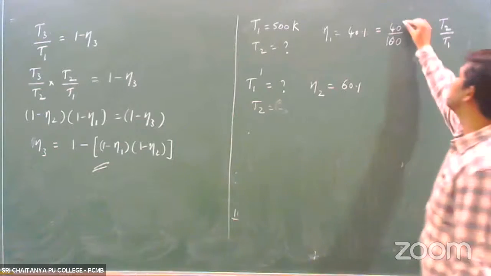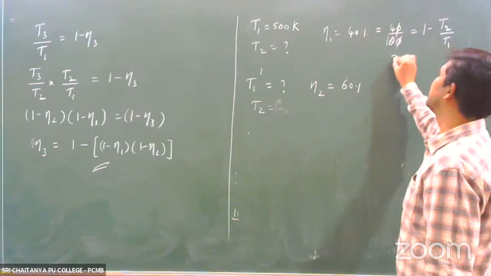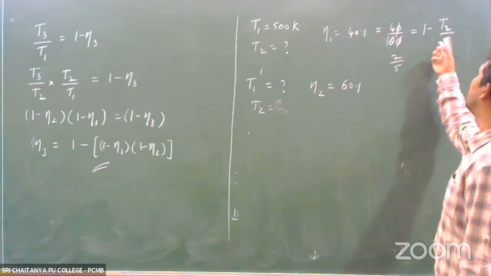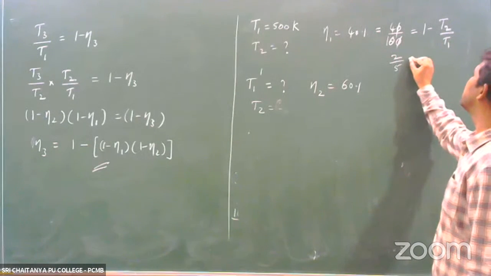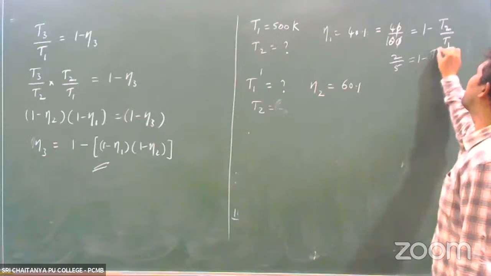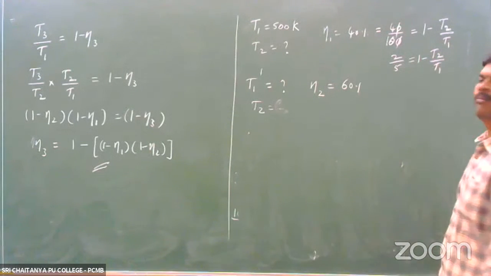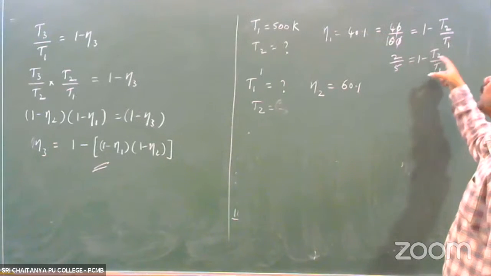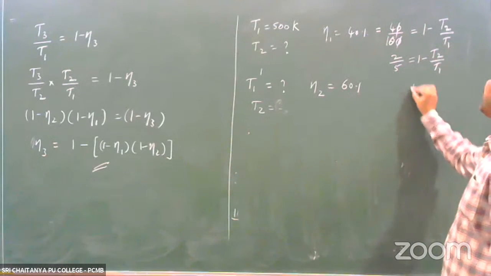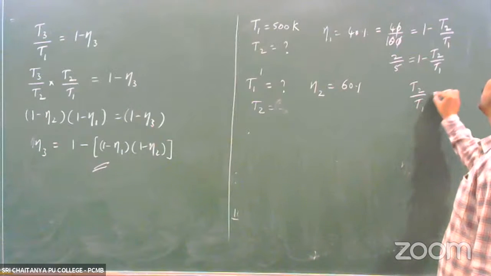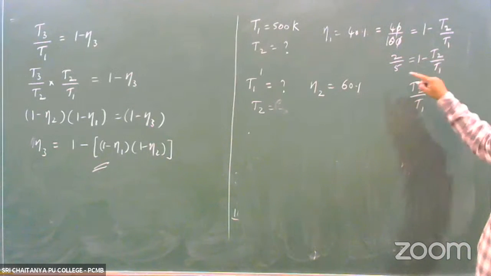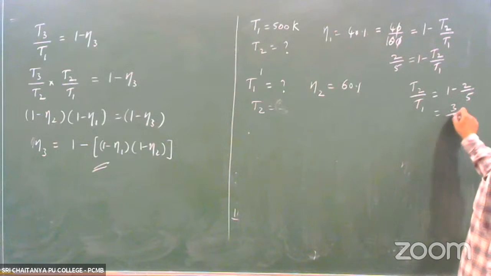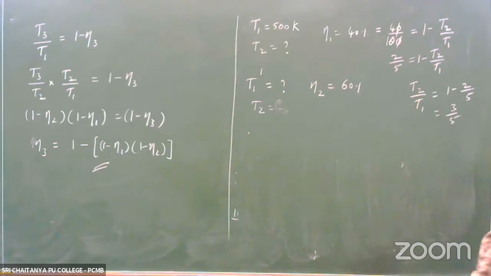From this, 2 by 5 is equal to 1 minus T2 by T1. Then I want T2. Then T2 by T1 is equal to 1 minus 2 by 5. This is 3 by 5.